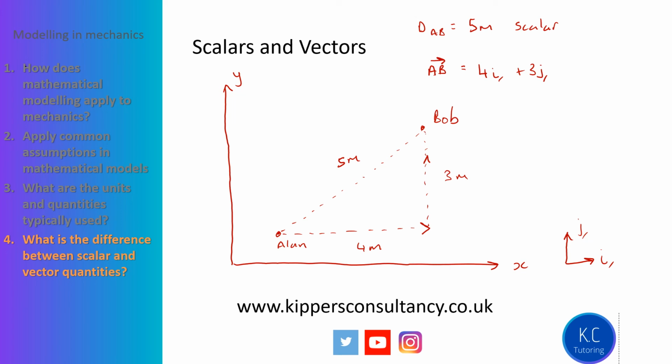Now we can see here that this is different because it says how we get from one place to another. It gives us a direction of how we get from Alan to Bob.